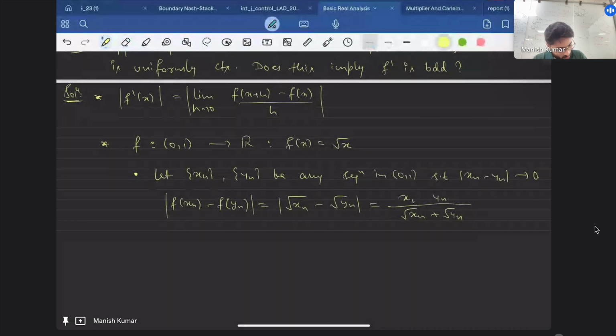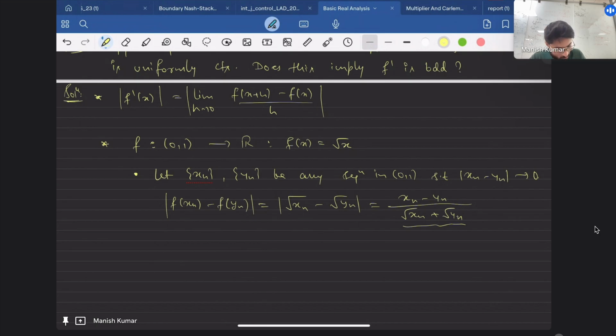Now how will you bound this one? What if your xn and yn are converging to 0? So how will you get a lower bound for this?